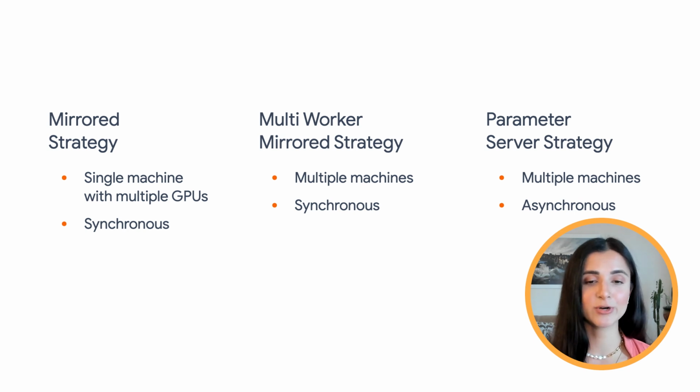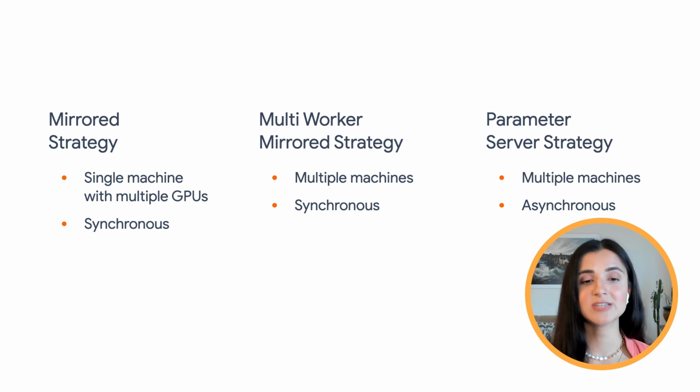You can use multi-worker mirrored strategy if you want to distribute training across multiple machines in a cluster, each with potentially multiple GPUs. In this case, the variables are mirrored across the GPUs, and at the end of each step, the gradients are synchronized across GPUs on a machine and all machines in a cluster.